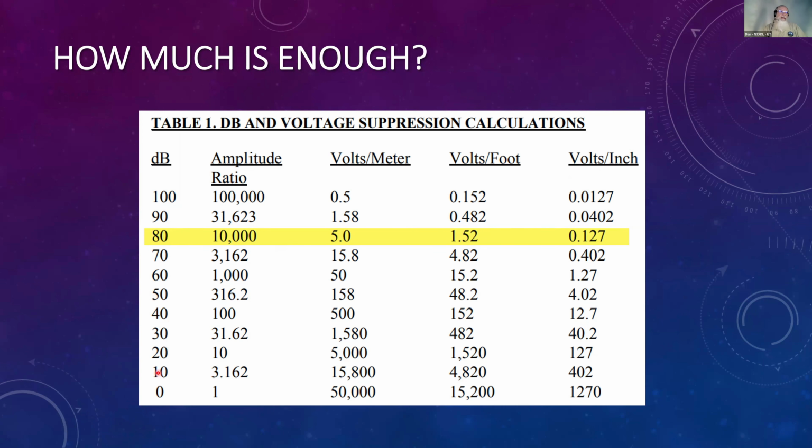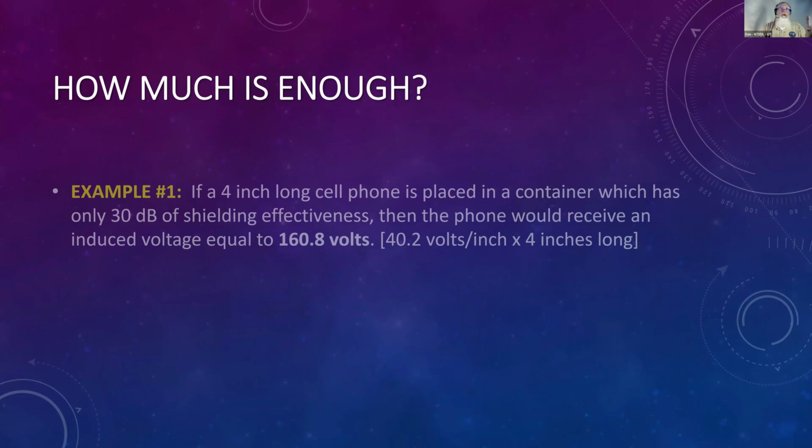If we are only able to attenuate it to 20 dB, then you can read along there. This gives you an idea of how much you need to suppress the voltages in your container, in your Faraday cage. But let's go through a couple of examples.